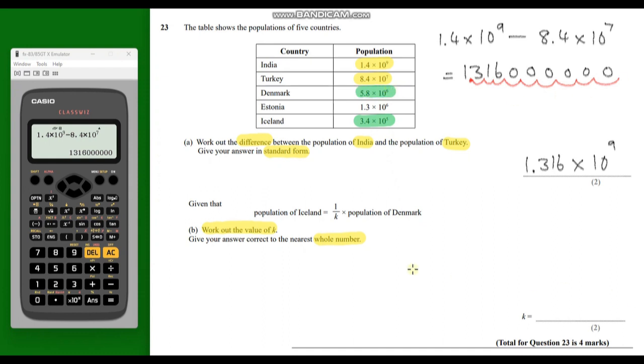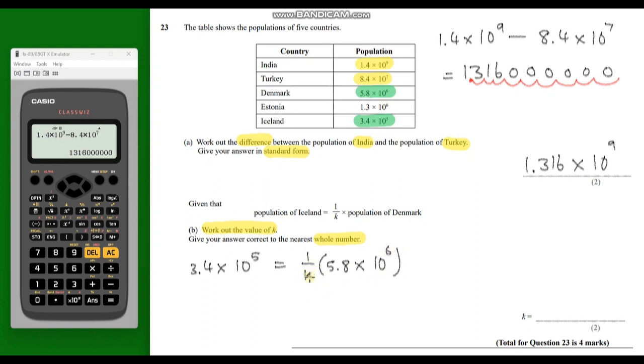So if we write down the figures, population of Iceland, that's going to be 3.4 times 10 to the power of 5. That is equal to 1 over k times the population of Denmark, which is 5.8 times 10 to the power 6. So we've just got an equation here which we need to solve.